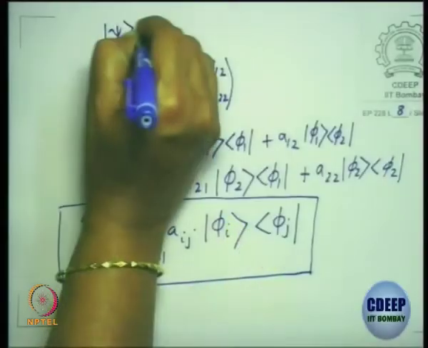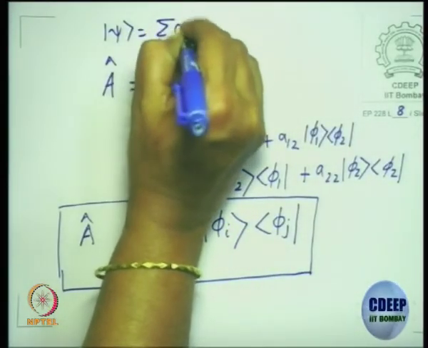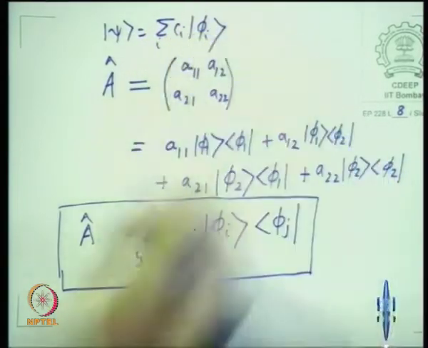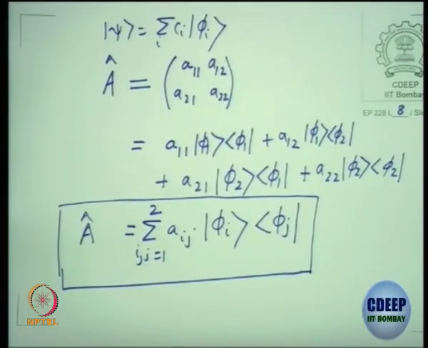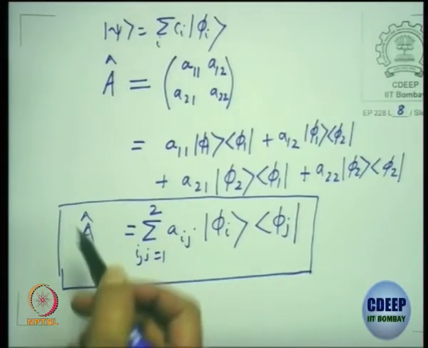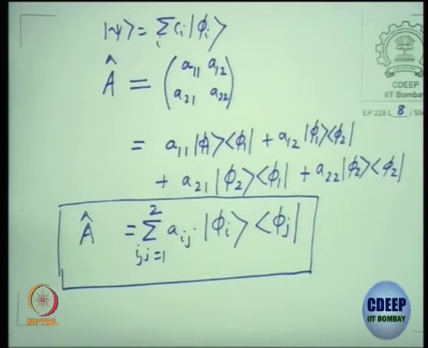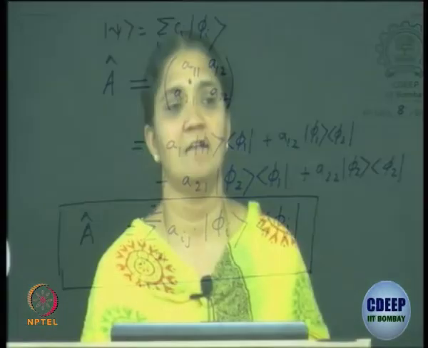So, just like we wrote a state psi as summation over i Ci phi i, I can write any operator. This operator could be position operator, momentum operator, angular momentum operator, all possible. By operator I mean anything which you see in the observable.